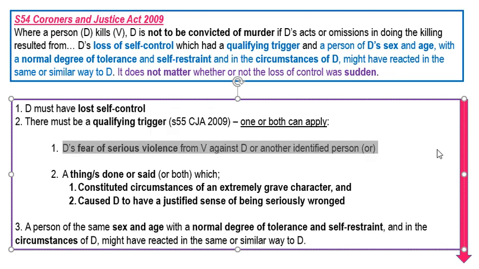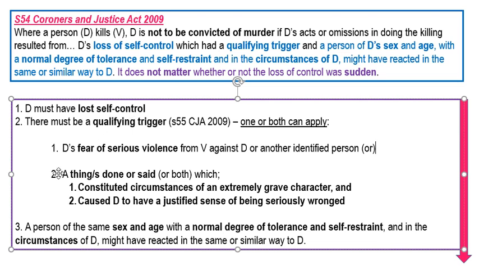And that's easy to pick up in a scenario, okay? If you've got, I don't know, men having a fight, they've been out drinking together, and the victim turns around and says, you know, I'm going to beat you to a pulp now, picks up a hammer and is edging towards the defendant. If they fear serious violence at that moment in time, then that can be a qualifying trigger. That can lead to them losing self-control.